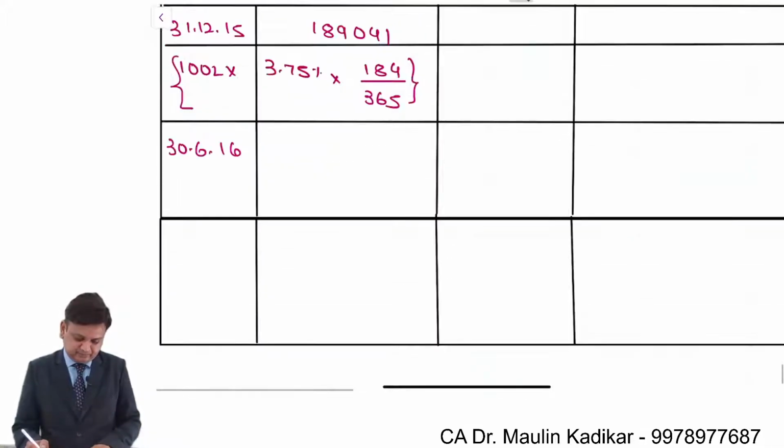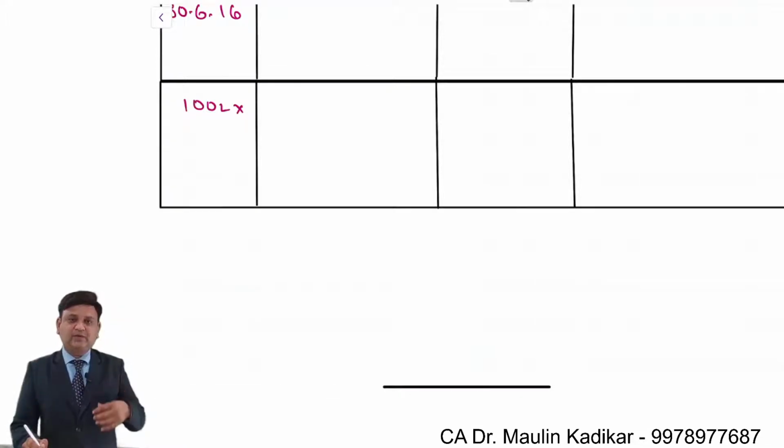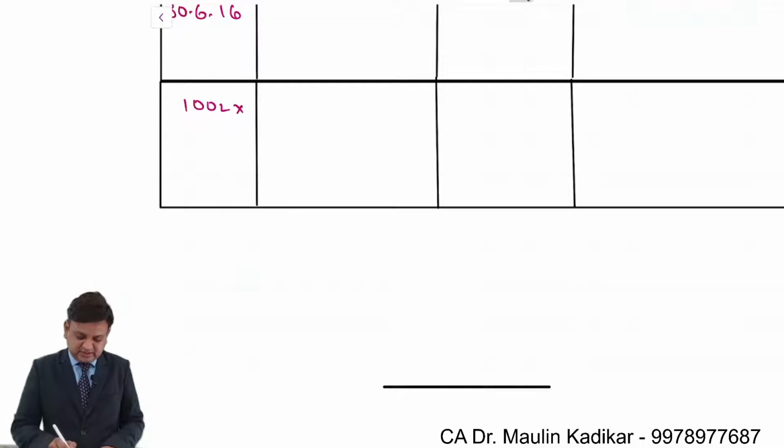Next, 100 lakhs into 4.25 plus 0.5, that is 4.75 percentage into, importantly, 182, because of the leap year. Not a conceptual point, just be careful.